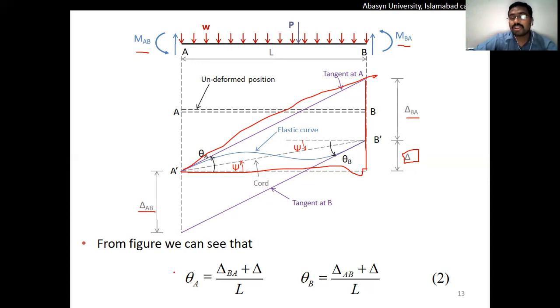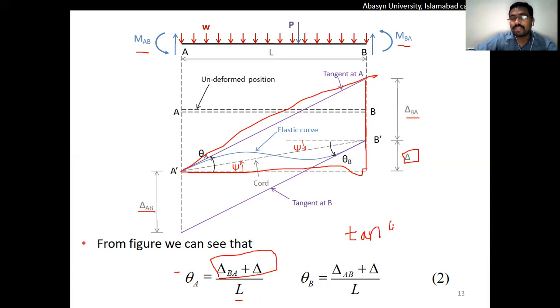So at point A, the equation will become theta A is equal to delta BA plus delta divided by length, which is the base, and delta BA plus delta is the perpendicular distance. And similarly, when we apply this trigonometric function at point B, again the same function will be rotated, but the triangle will be in the opposite direction.